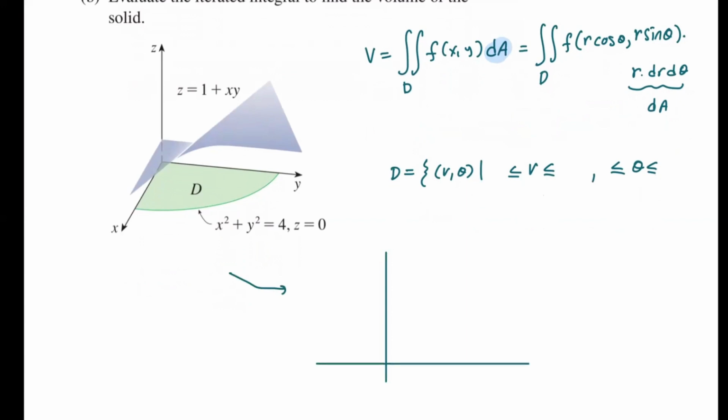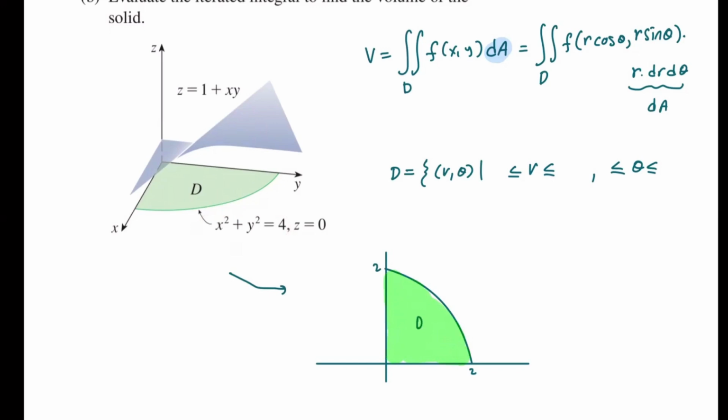This is a circle. We're just looking at 1/4 of the circle, with radius 2. If I label these points, this is 2, this is 2, and this is the region D. Let's go ahead and shade this in. That's the equivalent of what you see in the given picture, I just draw it in 2 dimensions.